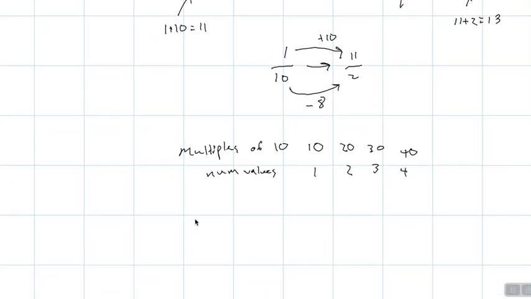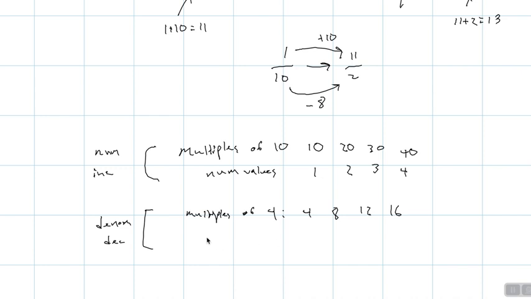Looking at the pattern with the denominator, the numerator increases and the denominator decreases in multiples of 4: 4, 8, 12, 16. And the denominator values that accompany this are in multiples of 5.